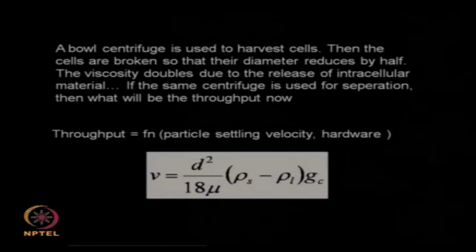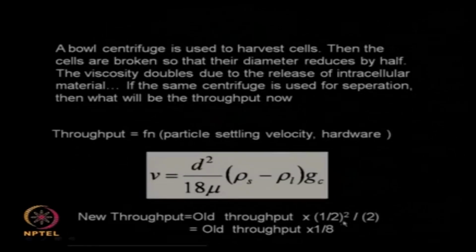If you recall your Stokes law, you have the viscosity term here and the diameter is a squared term. So viscosity has become 2 mu and the diameter has become d by 2 squared. The velocity from the original value has changed because of the change in diameter as well as the change in viscosity, and that is going to affect my throughput, which is on the left hand side. So what is going to happen?